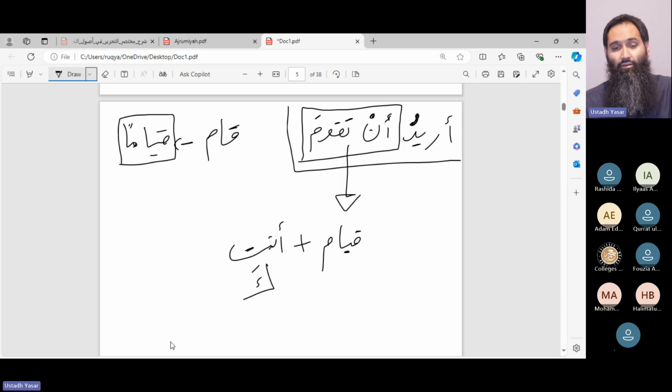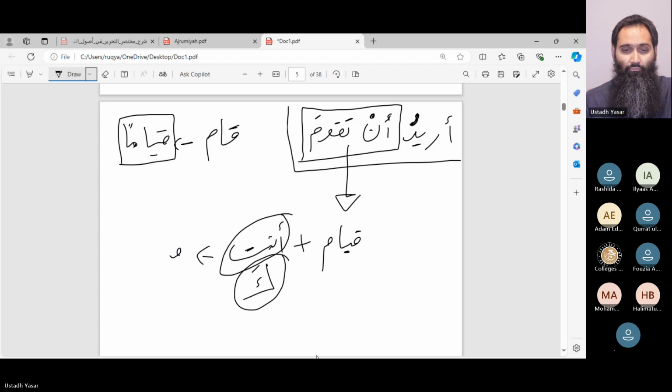This is damir munfasil. You have to make a damir muttasil. Why? Because you want to attach it to qiyam. You can't attach anta to qiyam. So this would then become ka, because you speak to one mudhakkar mukhatab.